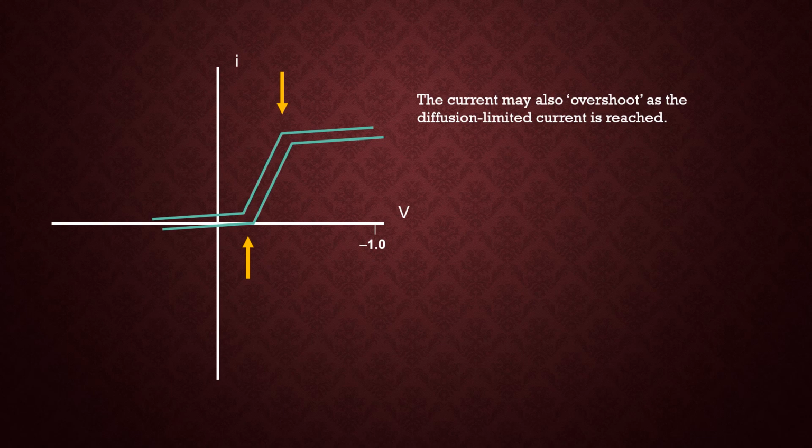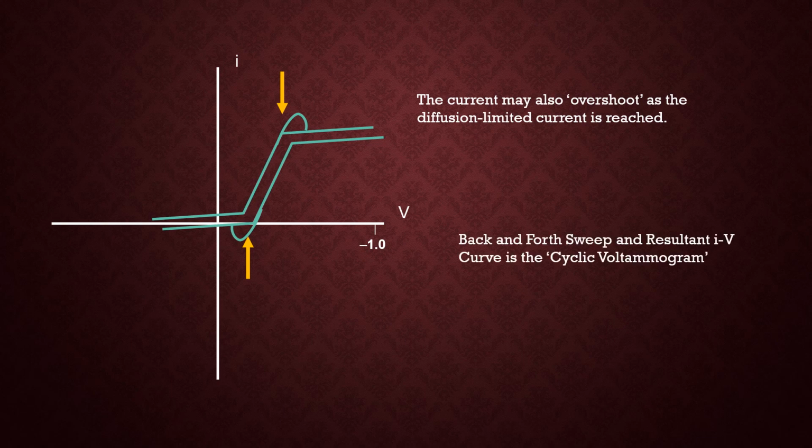What you'll see oftentimes is a little bit of an overshoot, like a hump, or if you want to call it a spectroscopic peak, that appears in the current voltage plot. The back and forth sweeps resulting in an IV curve that has these characteristics is called a cyclic voltammogram. So you have forward sweeps and reverse sweeps simultaneously presented on the current voltage plot, and you derive your information from this profile, the cyclic voltammogram. It can be a single cycle, it can be multiple cycles. All types of variations give you different types of information. It depends on what you want to get out of your experiment.